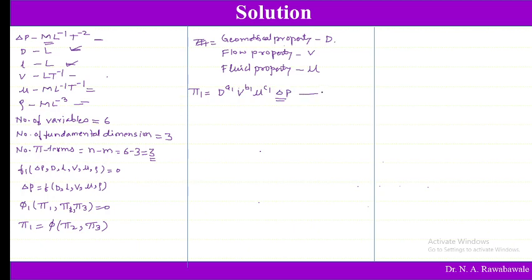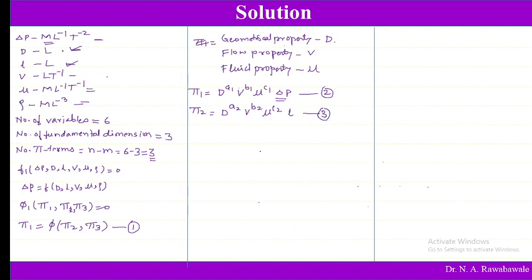This equation we call as 1 and this equation we call as 2. Then pi 2 term, D to the power of a2, V to the power of b2, mu to the power of c2. Then we take L, this will be the third equation.